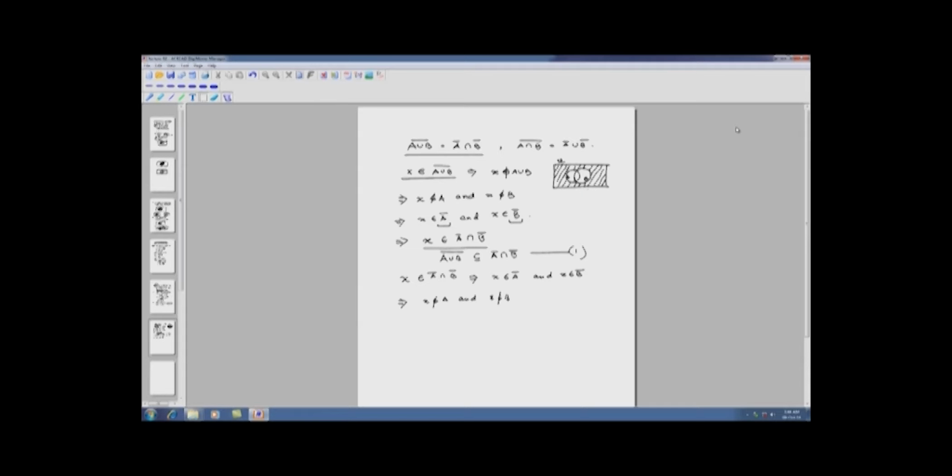And we see that if I have a scenario where x is not in A and x is not in B, that means x will be in the region exactly outside A union B. Therefore, I can safely say that x does not belong to A union B, which means that x belongs to (A union B) complement.